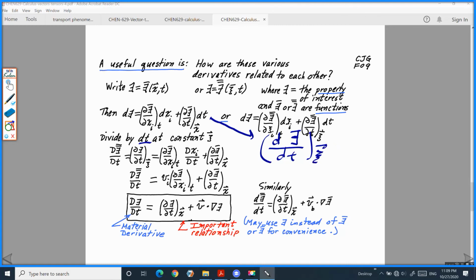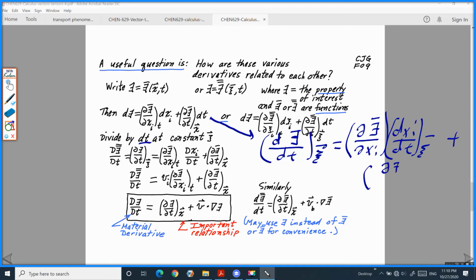and the right side, xi, is divided by dt at constant, plus you can write that one also, dt over x plus dt over dt.